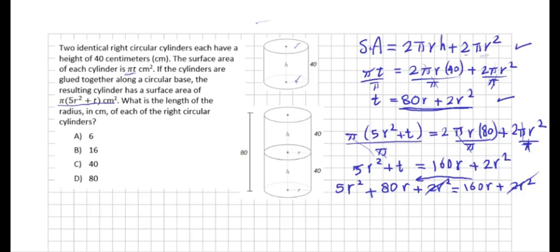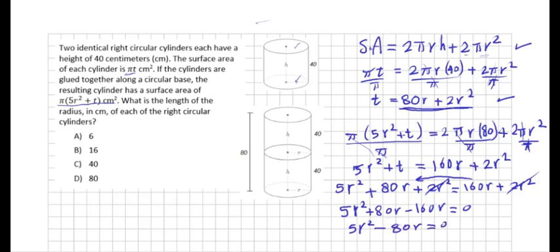Both are okay. So 5r squared plus 80r minus 160r equals 0. These are like terms, so 80r minus 160r is negative 80r. So 5r squared minus 80r equals 0.